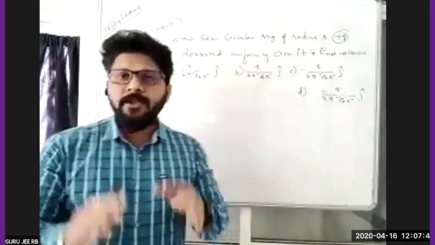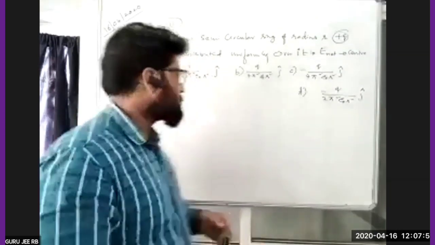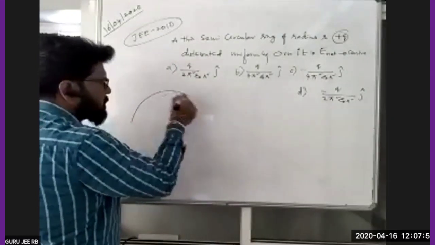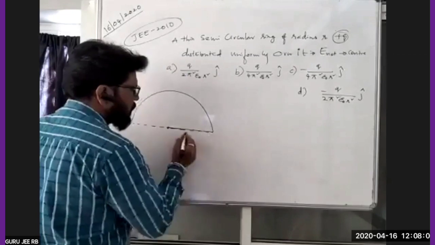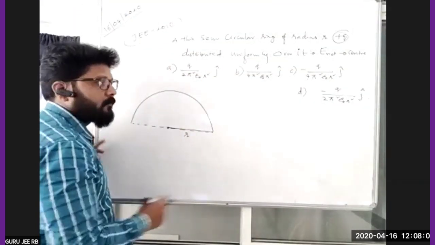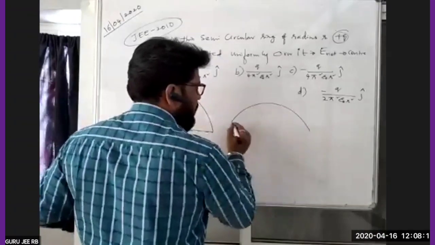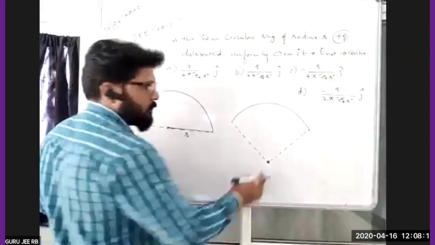Already we calculated the general formula in the last classes. This is radius r. We discussed the electric field intensity due to an arc.